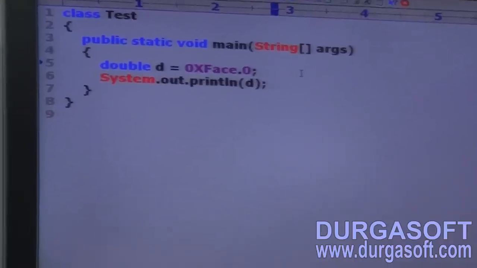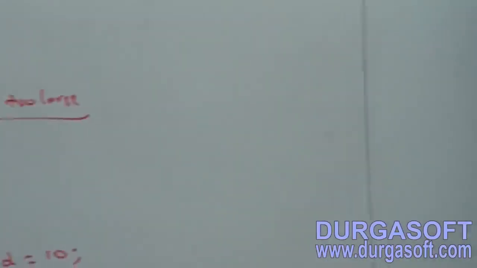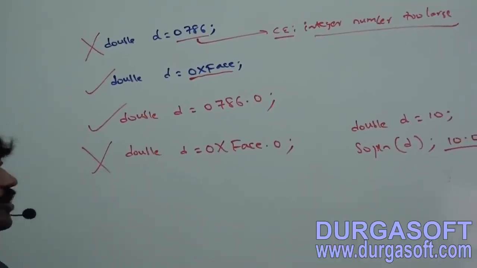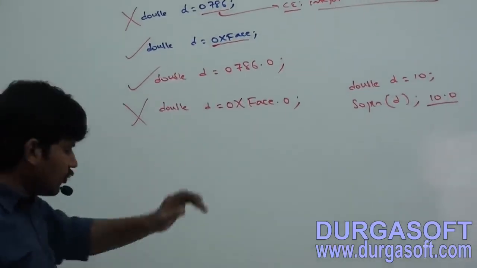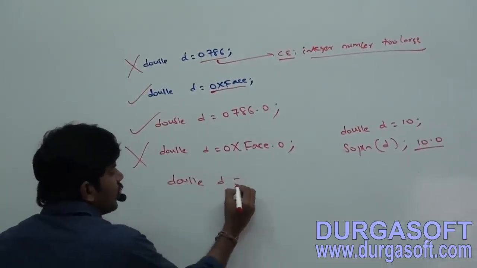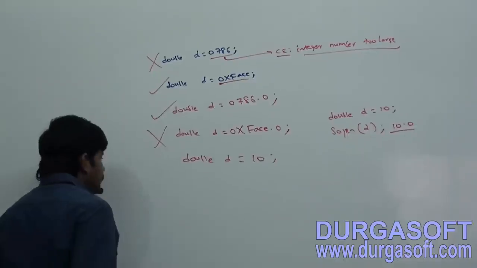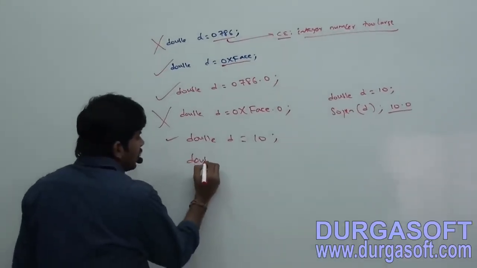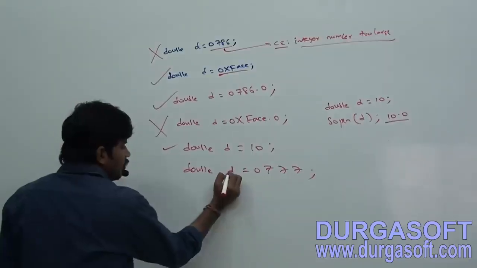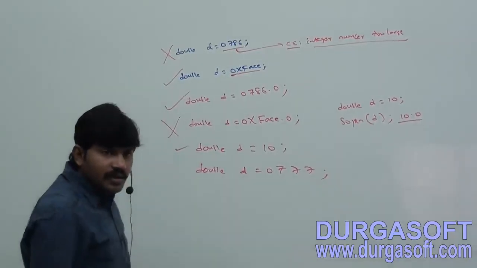Sir, we can assign an integral literal to a floating point variable, but that integral literal you can specify either in octal, hexadecimal, or decimal form, no problem. Now, sir, can you tell is it valid or not? double d is equal to 10. Valid. double d is equal to 0777. Valid or not? Valid.